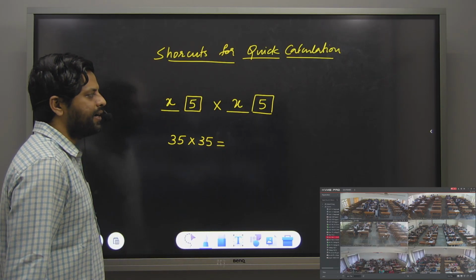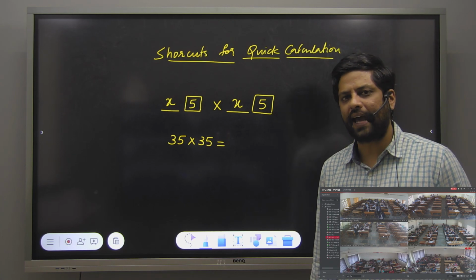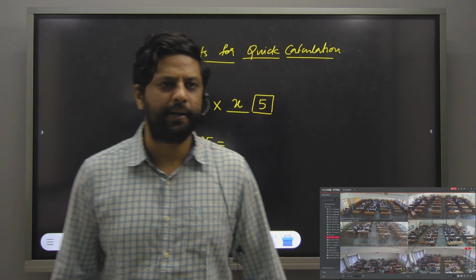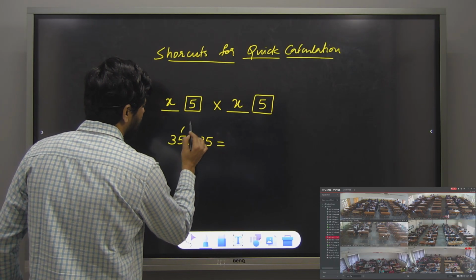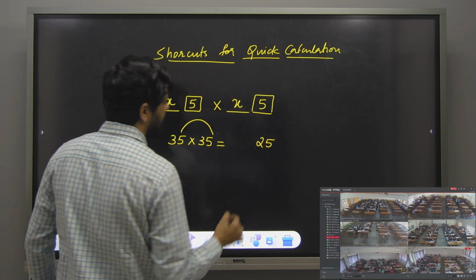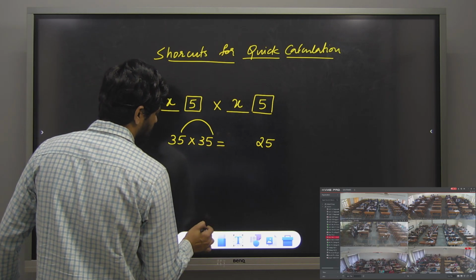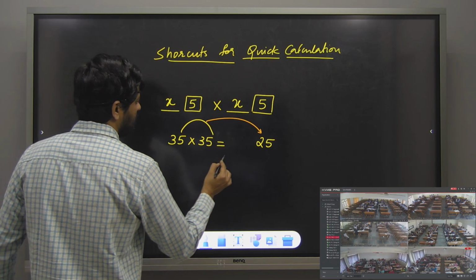We can very quickly give the answer. You don't have to multiply using the normal method. The answer is going to be: 5 into 5 is how much? 25. So I've written 5 into 5, which is 25, here.